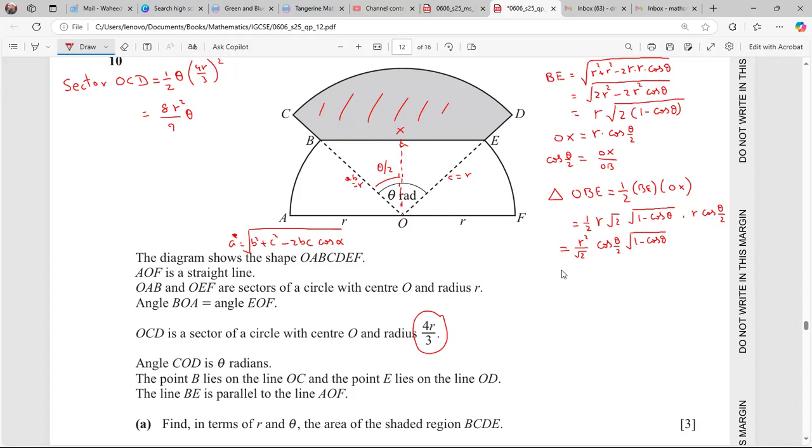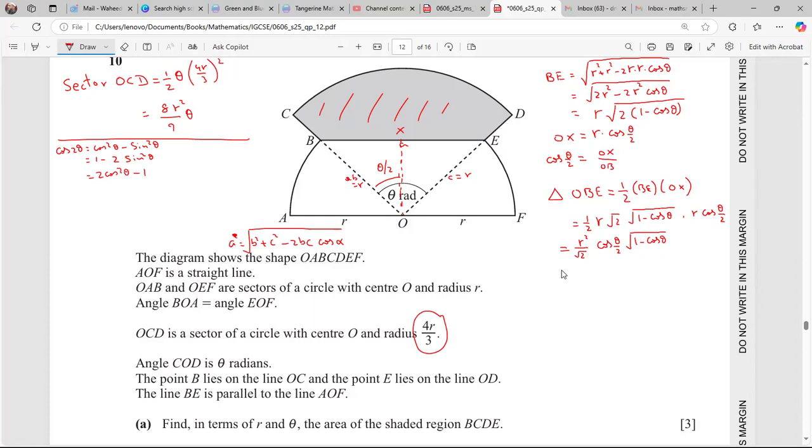Remember, cos of 2 theta is equal to cos square theta minus sine square theta. You should remember this. This can be further written as 1 minus 2 sine square theta or 2 cos square theta minus 1.